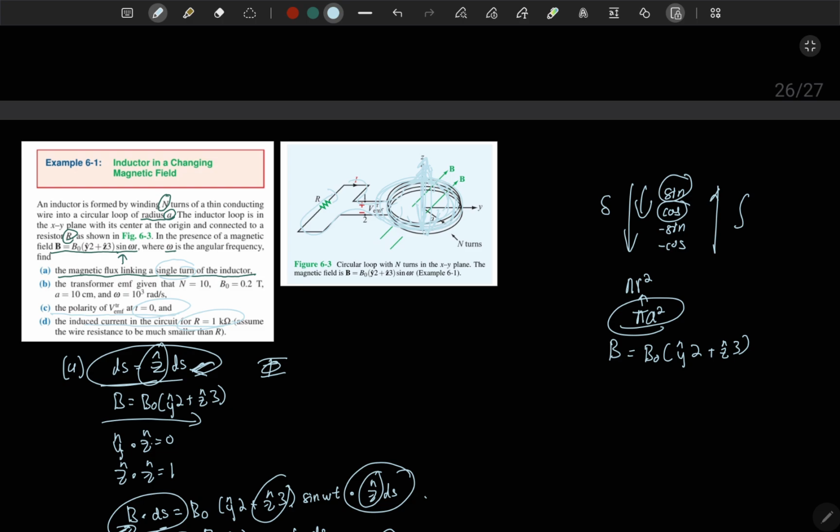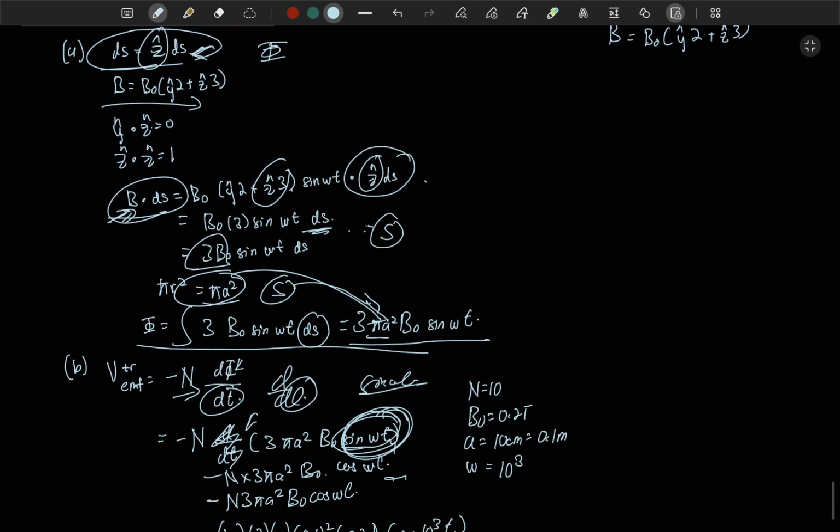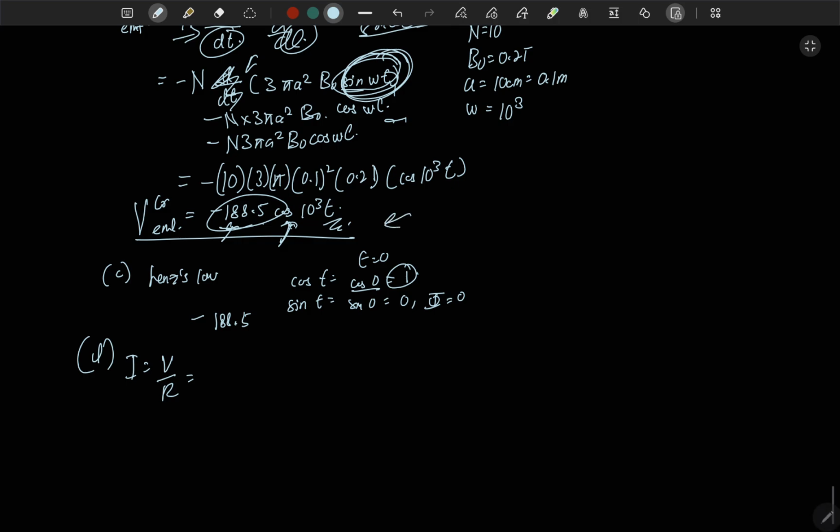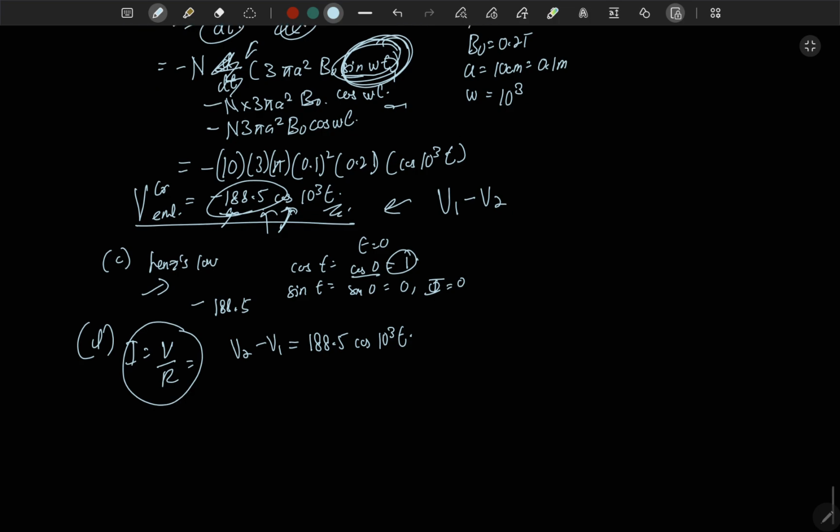When it's going as such, V2 minus V1 happens in another position. So V2 minus V1 is equivalent to the normal voltage. What I'm trying to say is that we got this because this is equal to V1 minus V2. When we are doing this, we are taking from the higher potential to the lower potential, so this would become 188.5 cos 10 power of 3t. We are still using the Lenz law, but I skipped a part where you need to do the right hand rule.